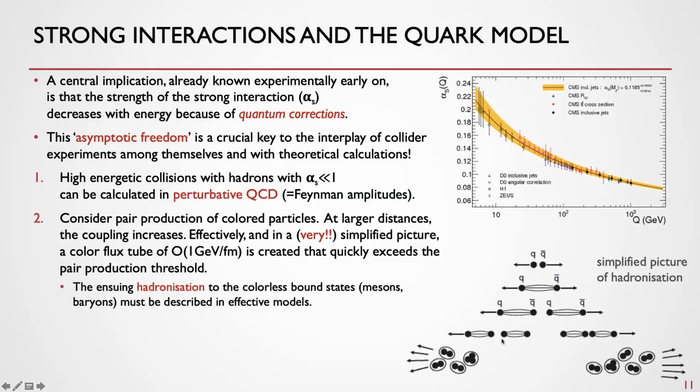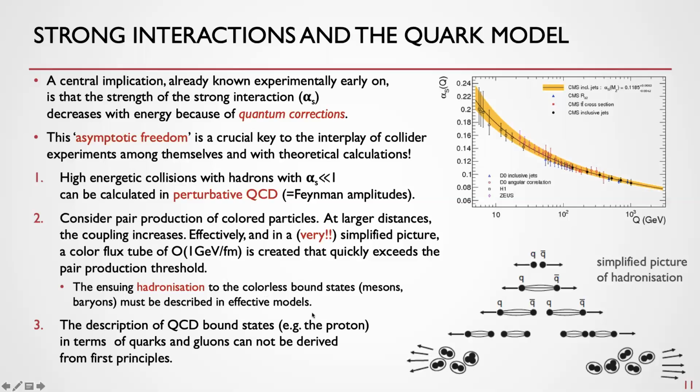So we collide here with, for example, hundreds of GeV, because we collide with tera electron volts, and then this showering and hadronization process in the classical picture happens until we are left with hadrons that are colorless bound states, mesons and baryons. And this is a process that we must describe in effective models.